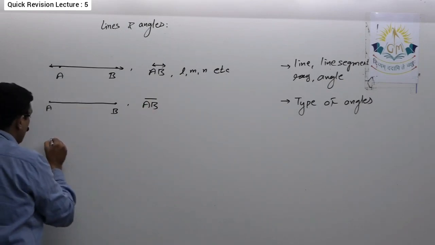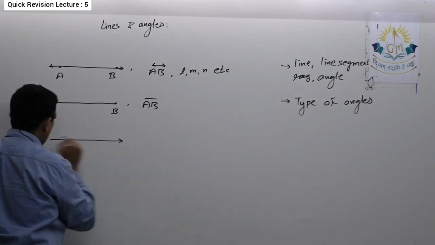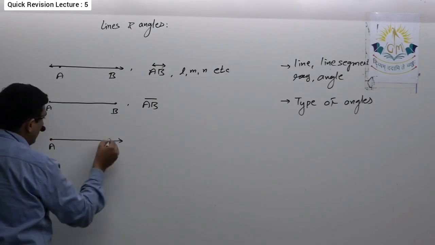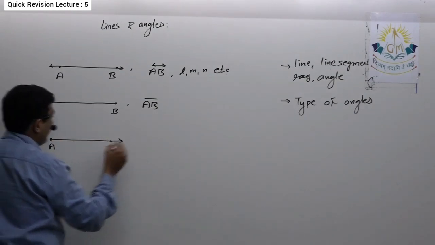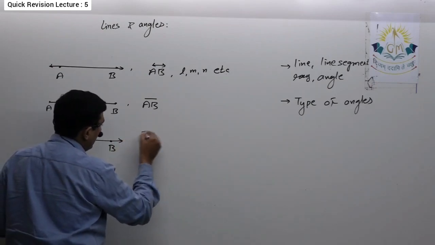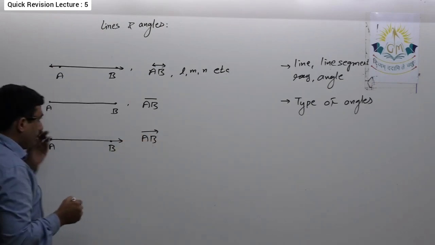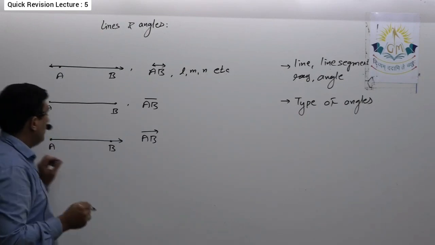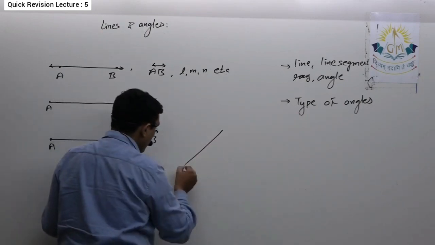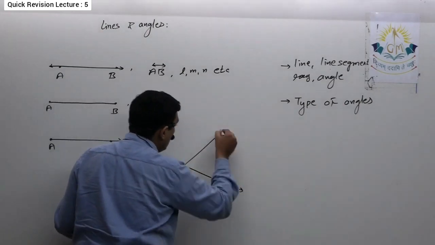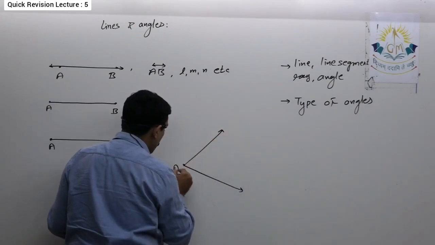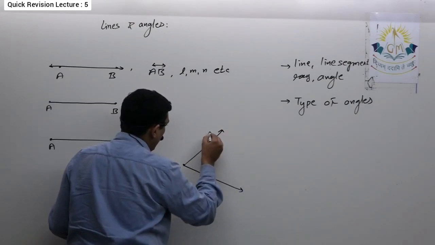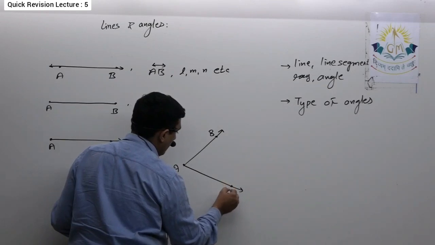Okay, then part of a line having one endpoint is called a ray. So this is the way to represent ray AB. Now the union of two rays having a common endpoint is called an angle.